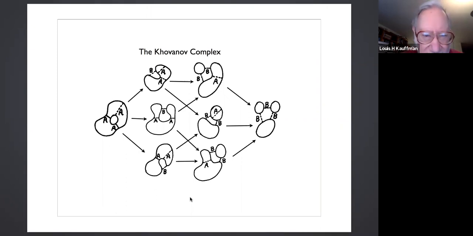And this is a category, rather, if you added an identity arrow to each object, the states being the objects, and took all the compositions of arrows to be generating the morphisms in the category.